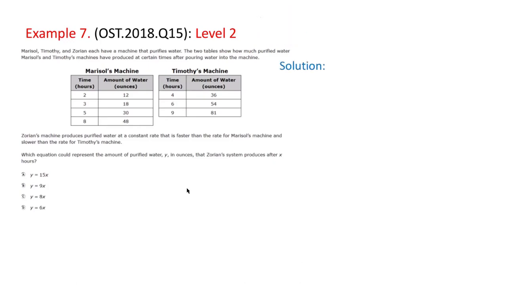We need to find the rates here. Marisol's machine, the rate is, you take this point and this point, so 18 minus 12 divided by 3 minus 2, it gives you 6 ounces per hour.